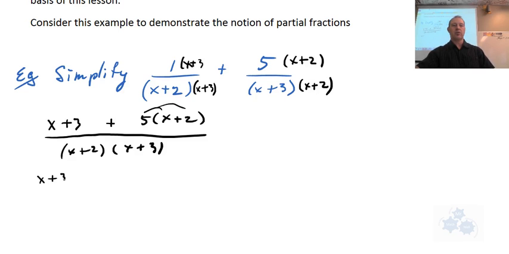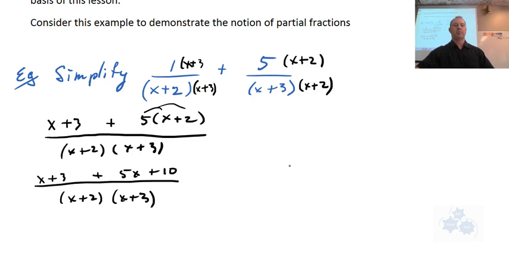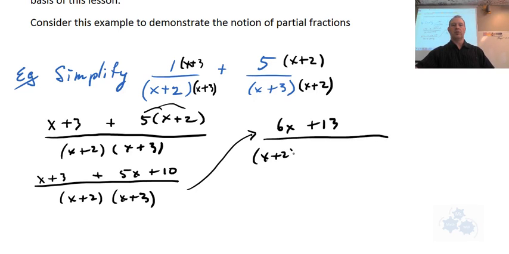So we're going to have x plus 3 plus 5x plus 10 all over our denominator here. When we combine the like terms on top, we get 6x plus 13 over x plus 2 times x plus 3. So now we've simplified this original question.